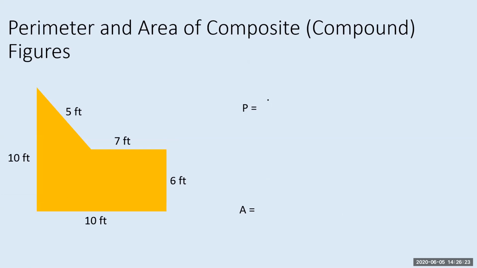So I'm just gonna get straight to it. I'm gonna add up all of the sides. So 5 feet plus 7 feet plus 6 feet plus 10 feet plus 10 feet.